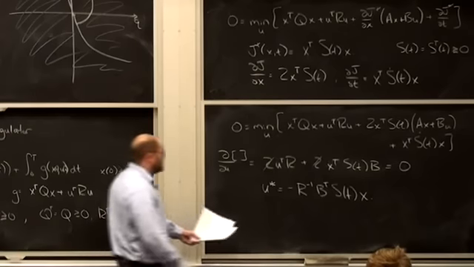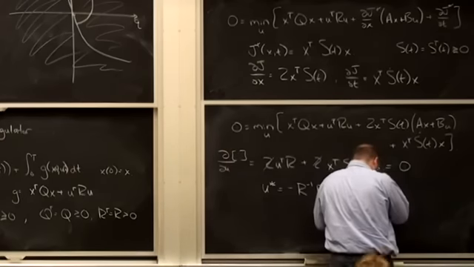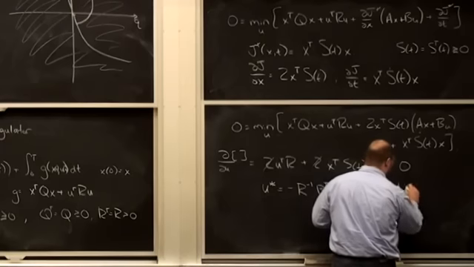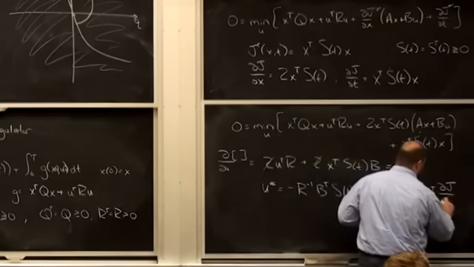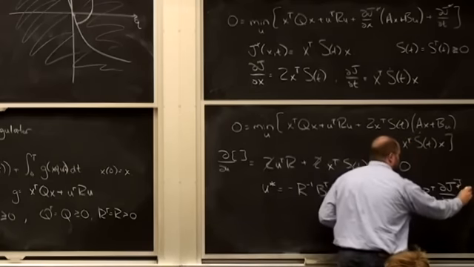It's important to realize that was actually equivalent to writing negative half R inverse B transpose partial J partial X transpose.